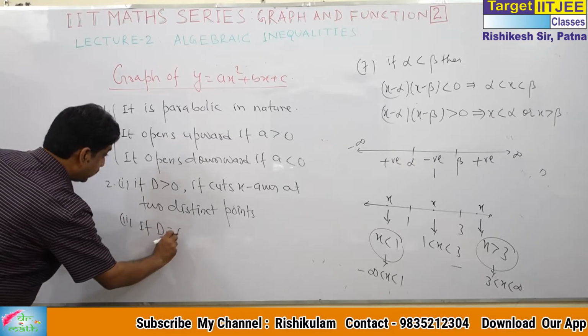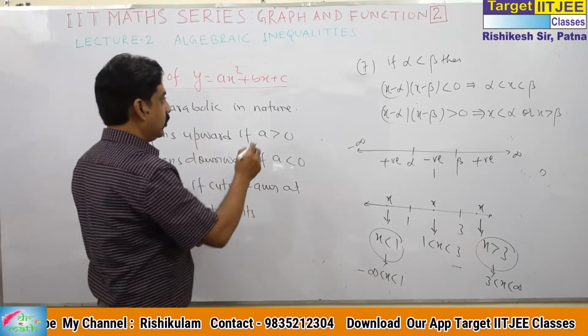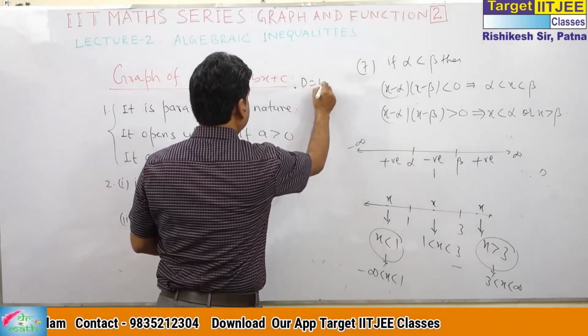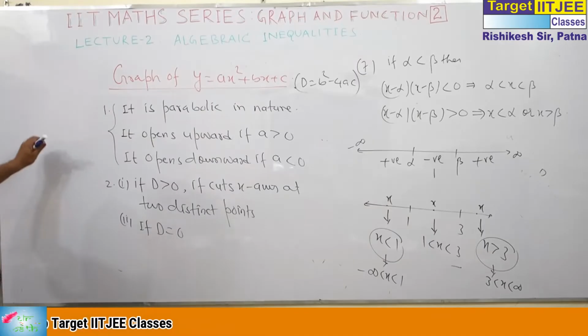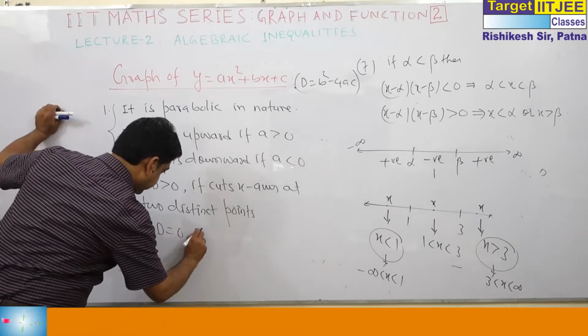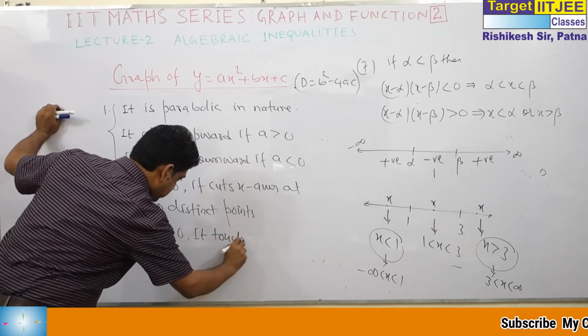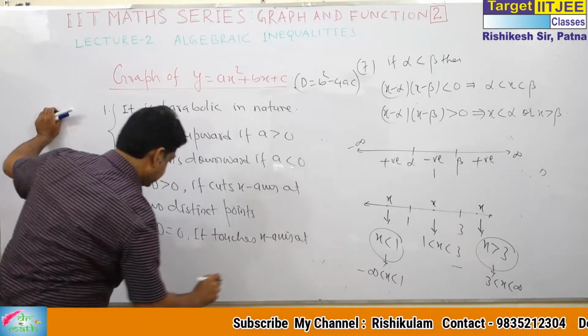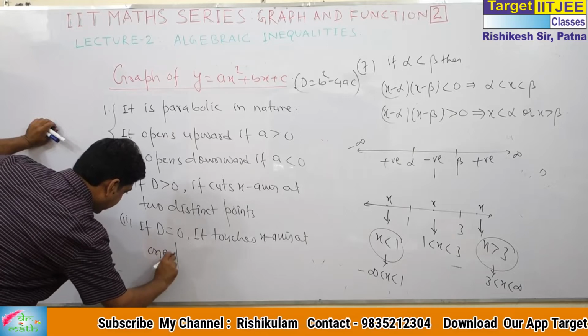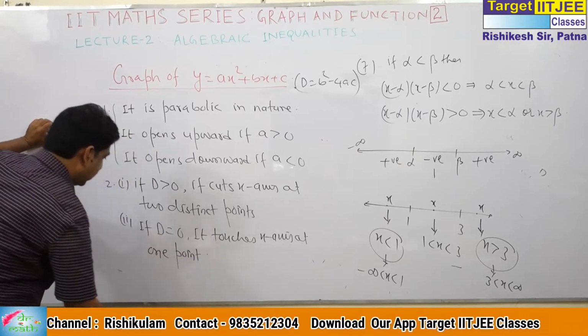If D is equal to 0, what is D? I hope you know that D is b square minus 4ac. If D is equal to 0, it touches the x-axis at only one point.